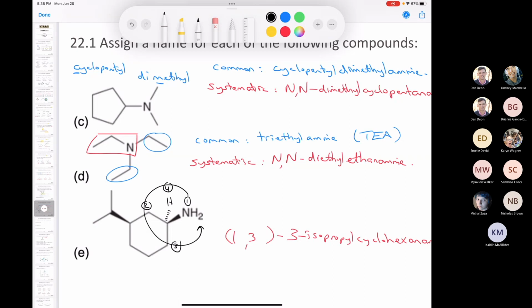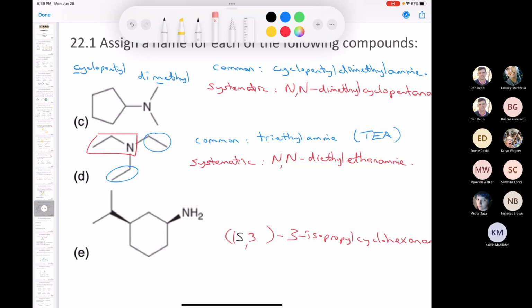Did anybody identify that one as R or S? Stereocenter at carbon 1. Yeah, absolutely. It's 1S. Yep, perfect.